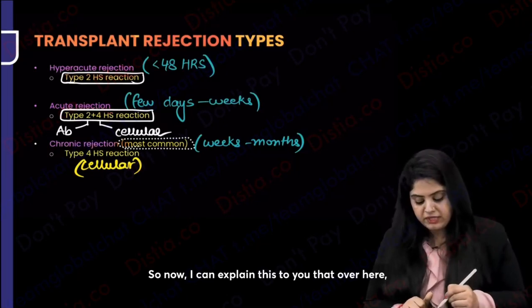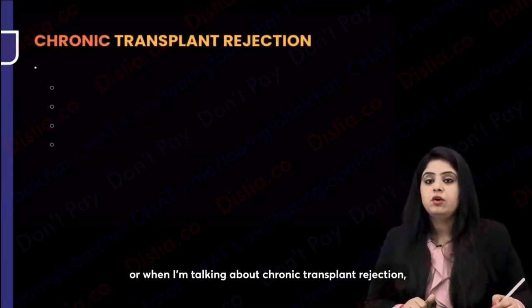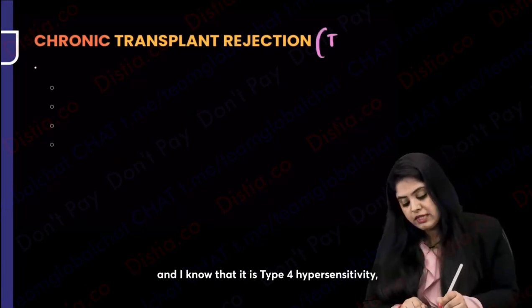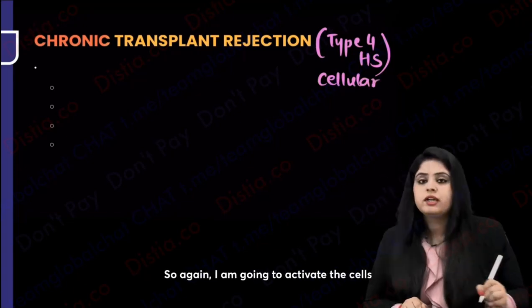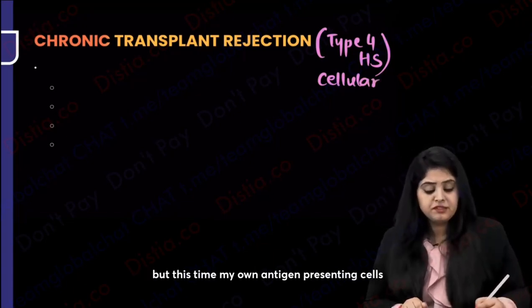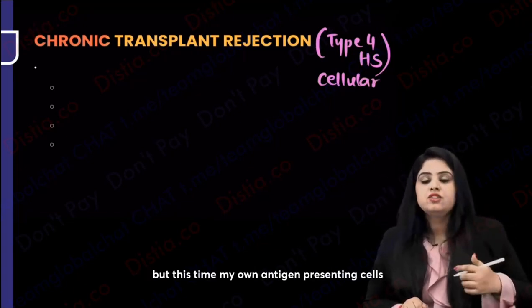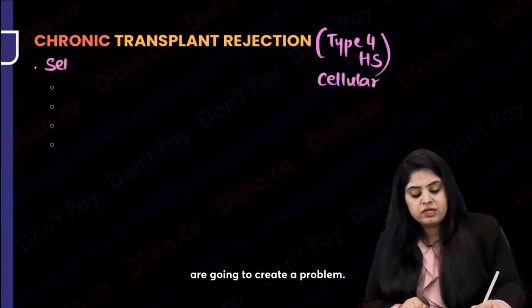So now I can explain this to you, that when I'm talking about chronic transplant rejection, I know that it is type 4 hypersensitivity, and I know that this is going to be mediated by cells. So again, I'm going to activate the cells, but this time my own antigen presenting cells are going to create a problem.